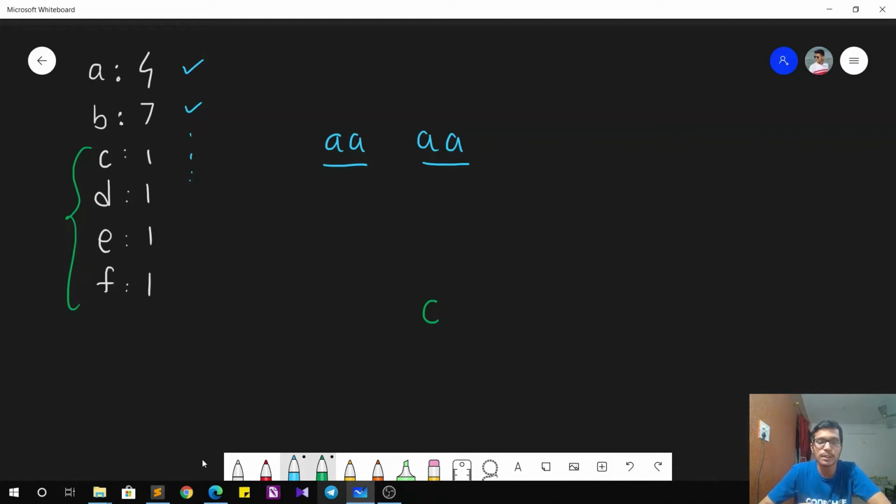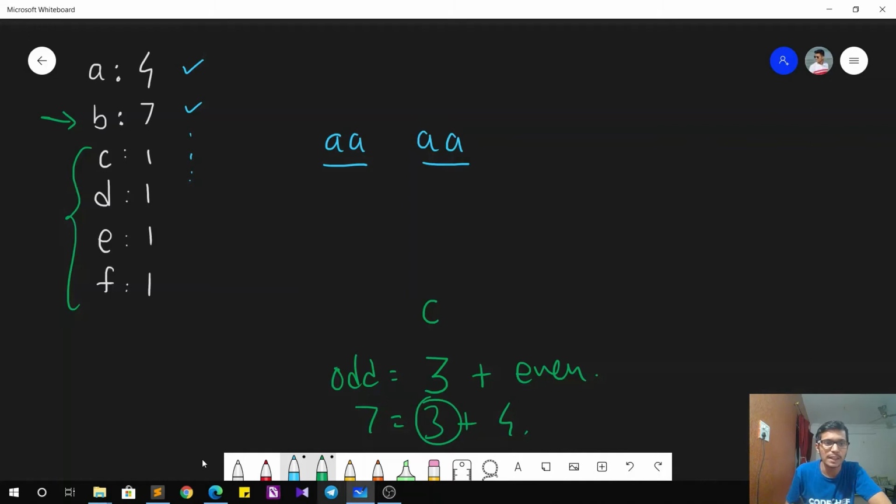First of all, the other odd count letters, for example, we have here B, it has the count 7. You can see that except for 1, every other odd count can be represented as 3 plus some even count, right? For example, 7 can be represented as 3 plus 4.